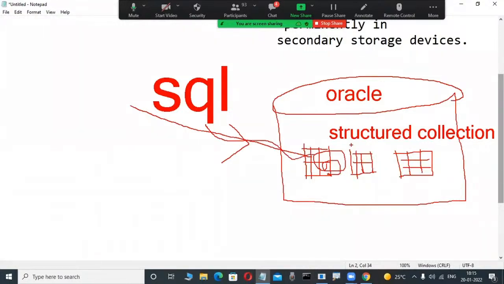But MongoDB and those types of databases are different. There is no SQL there; it uses JavaScript-like languages. But SQL is one separate language through which we operate on data in these types of databases.